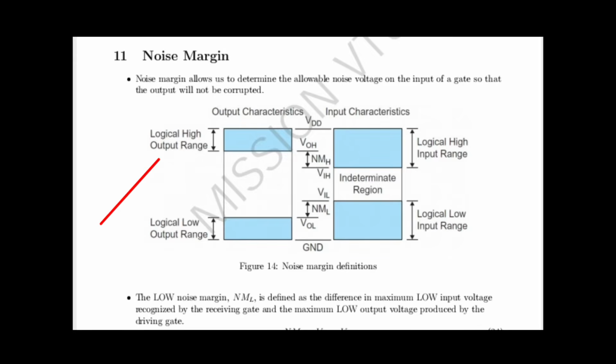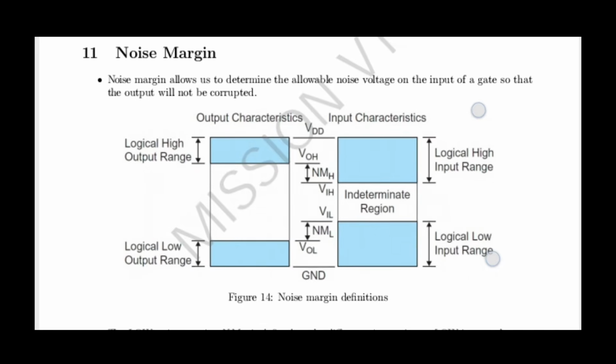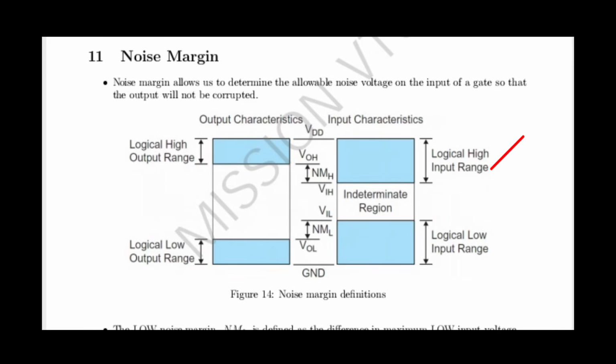You can see the diagram of noise margin, and here are the output characteristics and input characteristics. In the output characteristics there are two ranges: logical high output range and logical low output range. In the input characteristics, logical high input range and logical low input range.